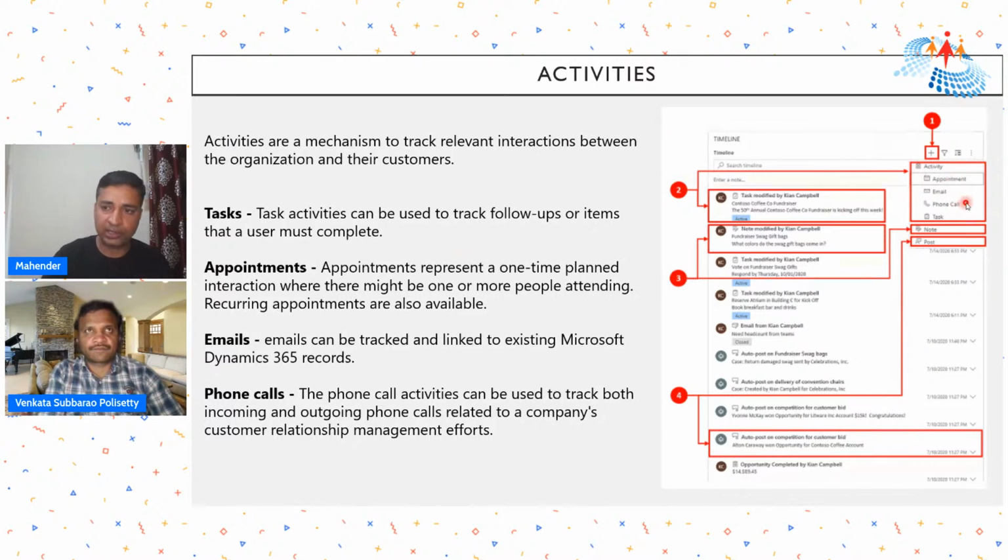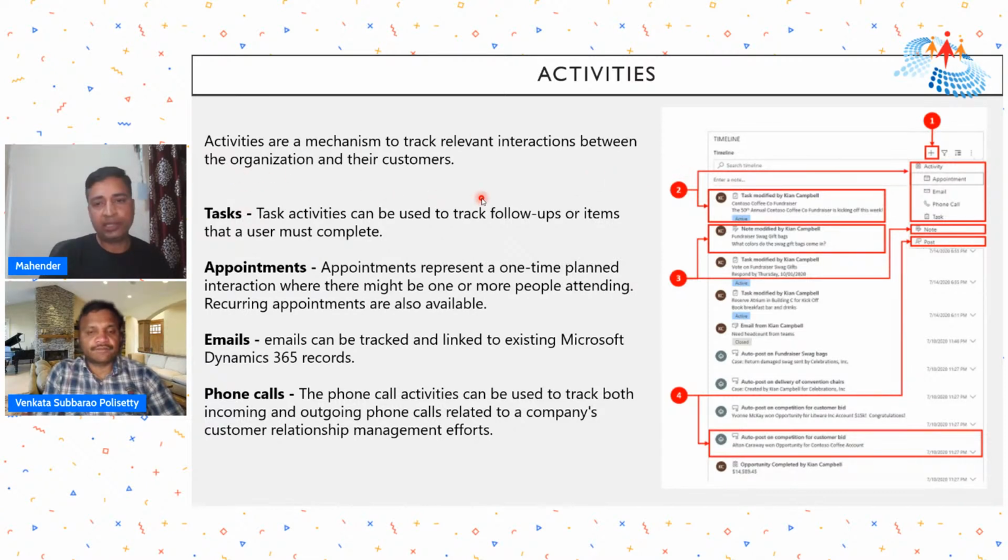Then it will open a window where you can fill in the information, and when you submit and complete it, you will automatically see the record here. You can see the history of the interaction on the timeline, and you can also open it quickly from here.